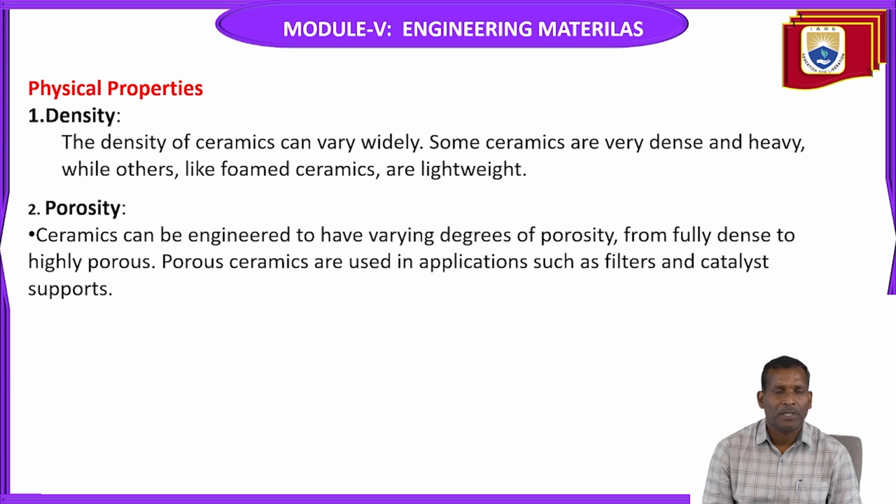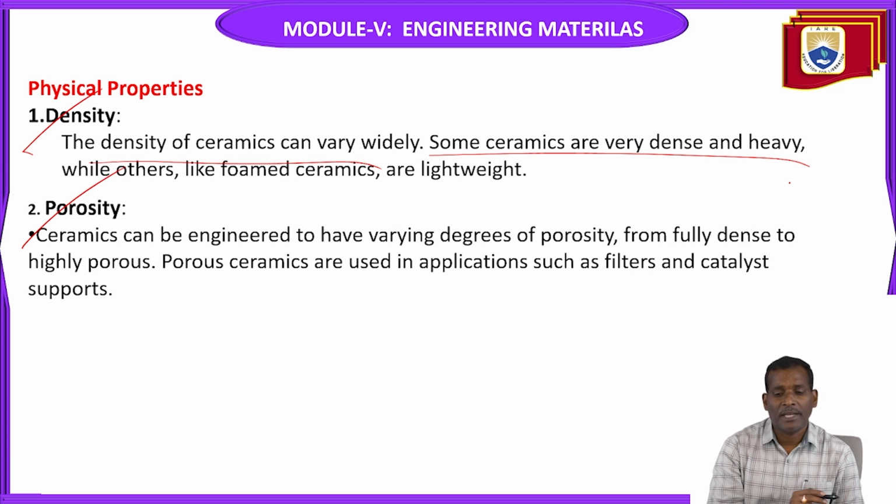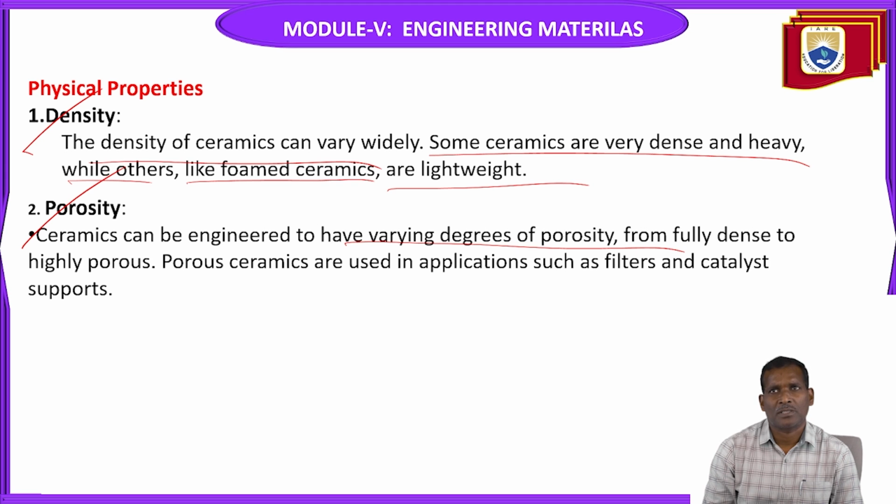Next, physical properties: density and porosity. The density of ceramics can vary widely. Some ceramics are very dense and heavy, while others, like foamed ceramics, are lightweight materials. The porosity: ceramics can be engineered to have varying degrees of porosity, from fully dense to highly porous.